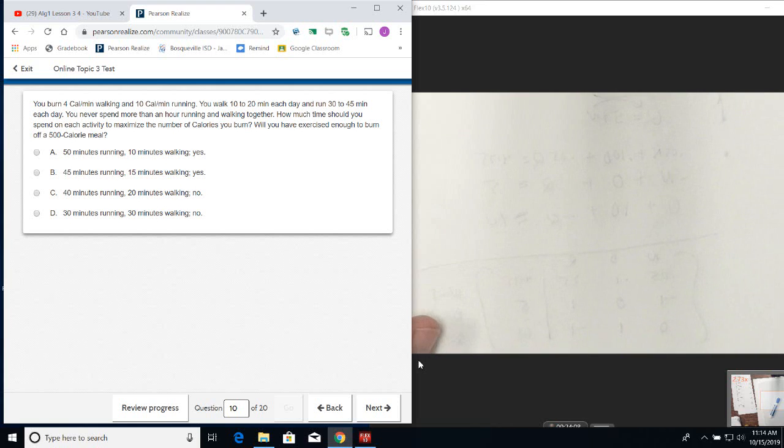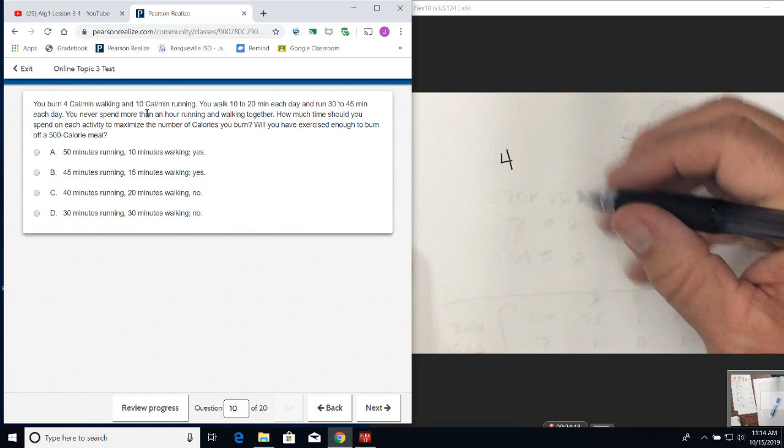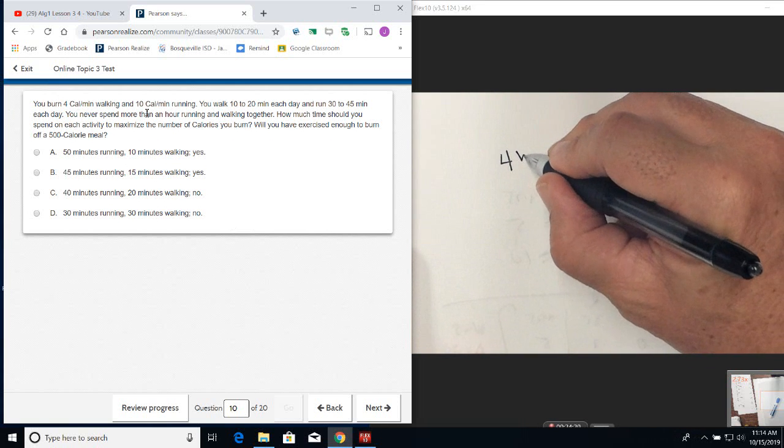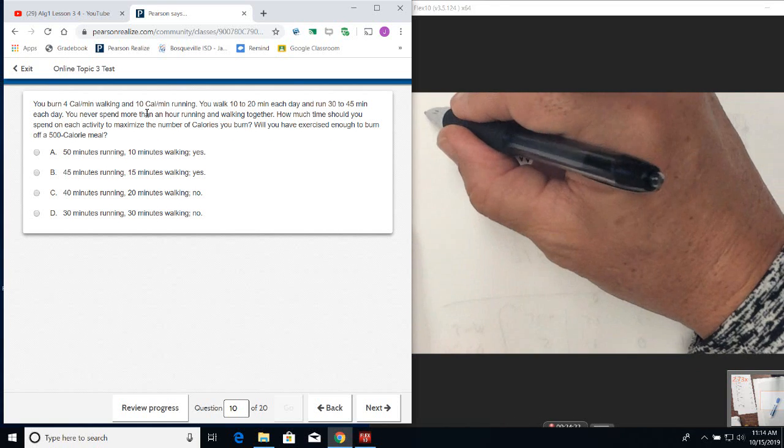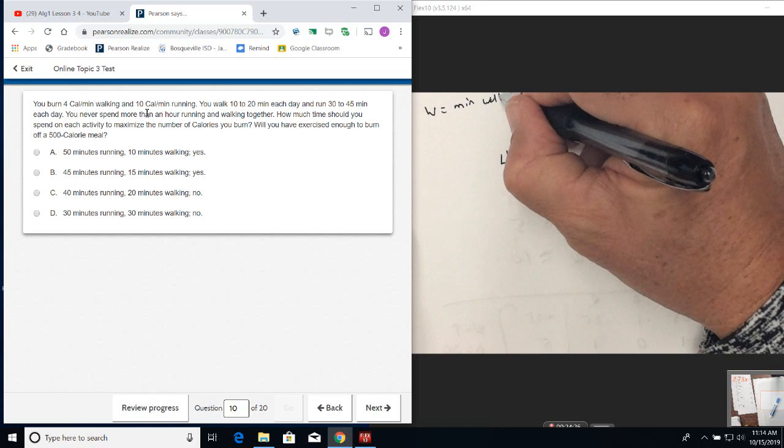Okay, so what we want to do in this problem is kind of list the facts. First of all, it says you burn 4 calories per minute walking. So the calories that I can burn is 4 per each minute, and we'll just say W equals the minutes walking.